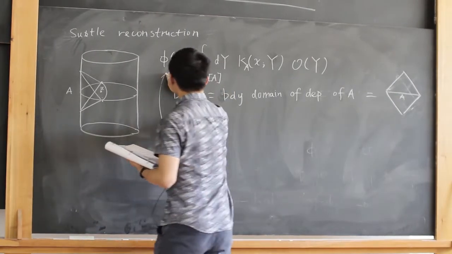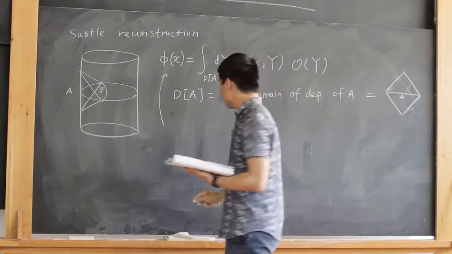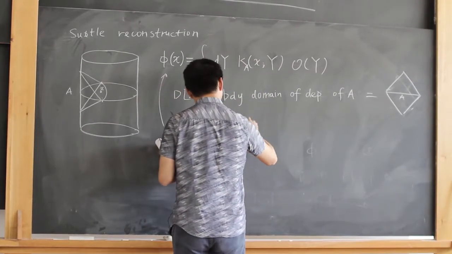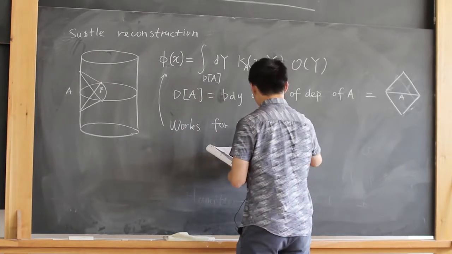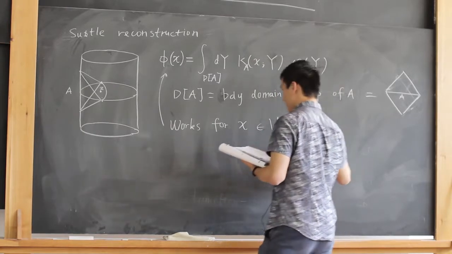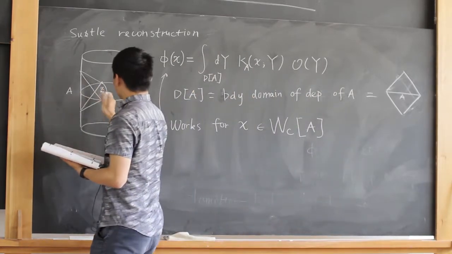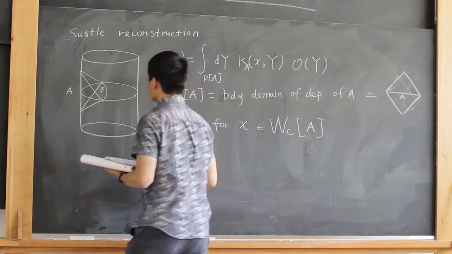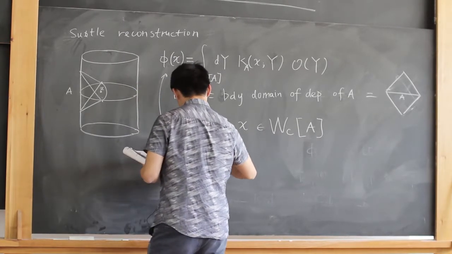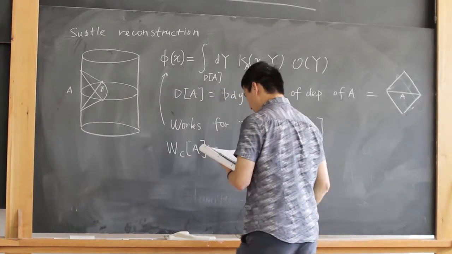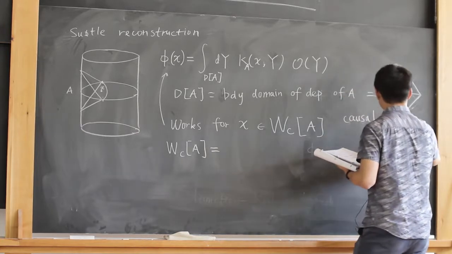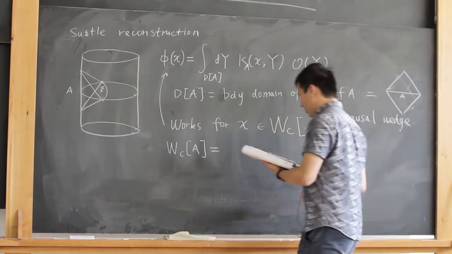And this equation, which reconstructs the bulk operator for me, works whenever x is in the so-called causal wedge of A. The causal wedge is what I tried to draw here. It is defined by the causal structure.